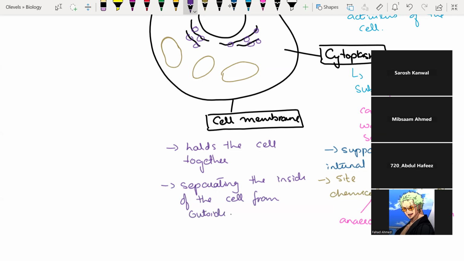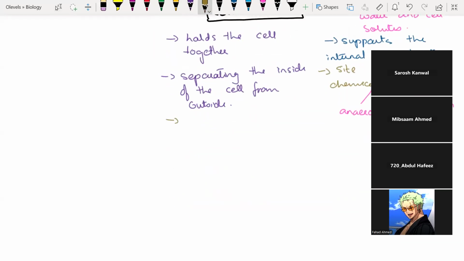right? And one more thing that the cell membrane is responsible for is that it actually controls which substances leave and enter the cell.